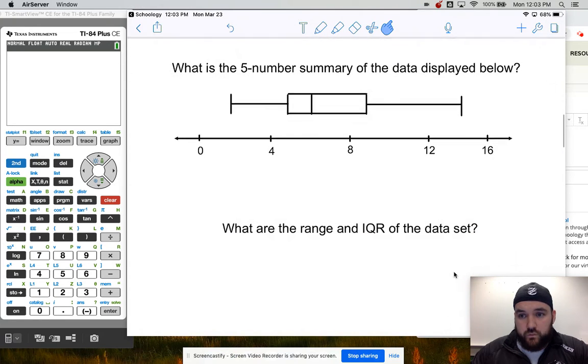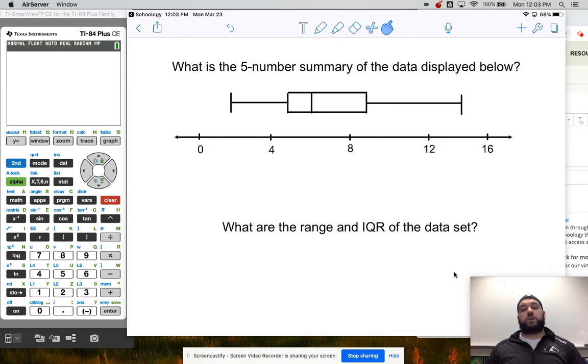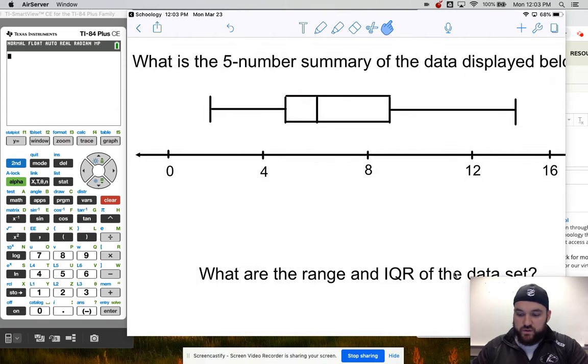Okay. And the reason we use a 5-number summary is to produce what's called a box plot, sometimes called a box and whisker plot. It just shows the 5-number summary in a single graphic.